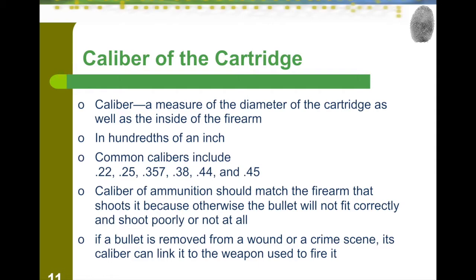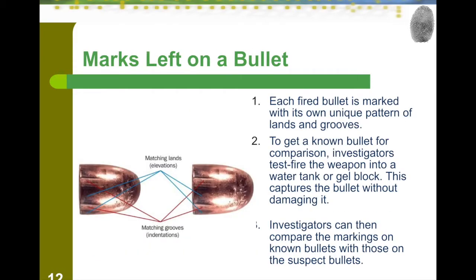If a bullet is removed from a wound at a crime scene, its caliber can link it to the weapon used to fire it, at least the type of weapon. The marks left on the bullet are what's going to lead it to the exact weapon. So each fired bullet is marked with its own unique pattern of lands and grooves. To get a known bullet for comparison, investigators will test fire the weapon into a water tank or a gel block.